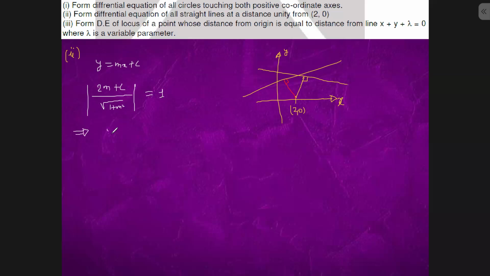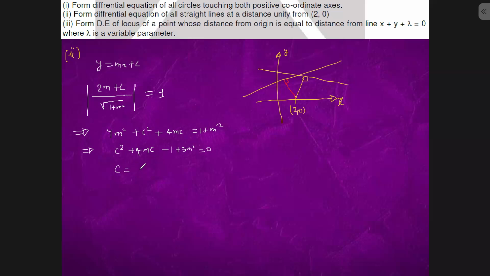So we have 4m square plus c square plus 4mc equals 1 plus m square. So this is simply c square plus 4mc plus 3m square minus 1 equals 0.